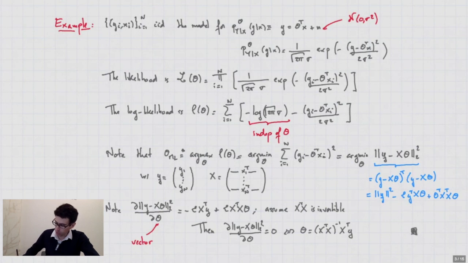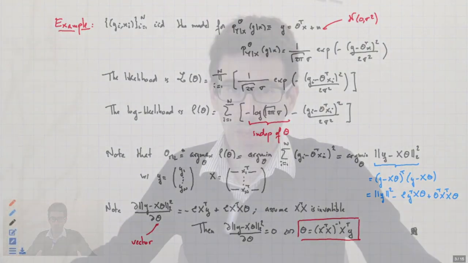And so in that very specific case, we are able to actually compute in closed form the maximum likelihood estimator as a function of the data that we are provided. Here, the capital matrix X contains the feature vectors as rows. The vector Y contains the corresponding labels as rows. And we can compute explicitly theta.